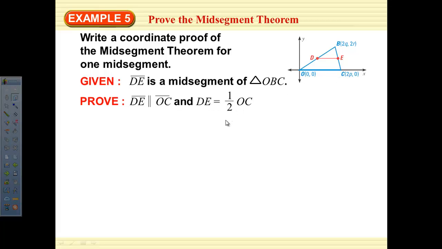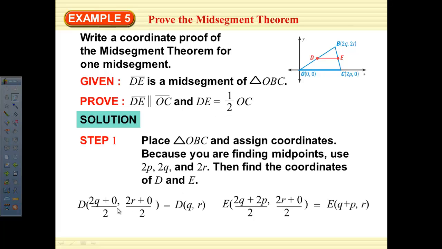and show that DE is equal to 1/2 OC. So of course, we found the coordinates for D by doing 2q plus 0 over 2 and 2r plus 0 over 2, because the two x's are here. Whoops, I'm sorry. The two x's are 2q and 0, and the two y's are 2r and 0. So the coordinates for D are q comma r.